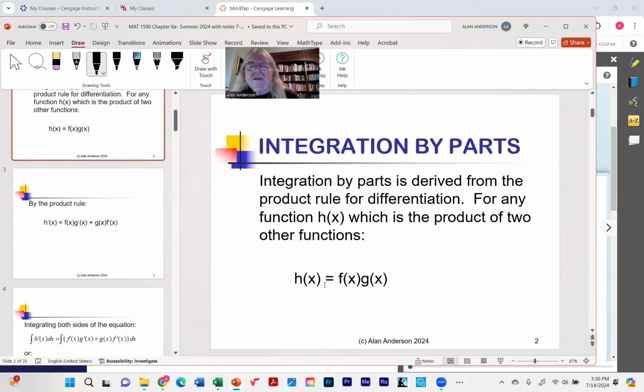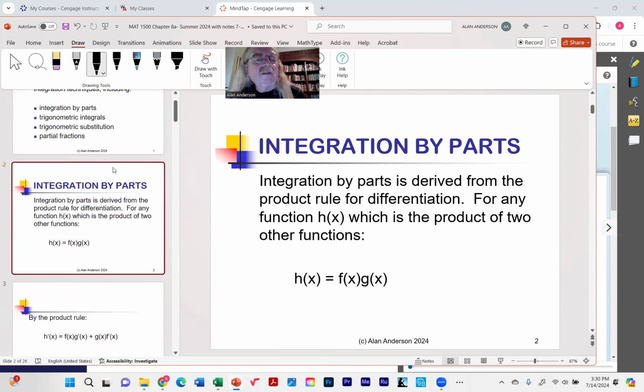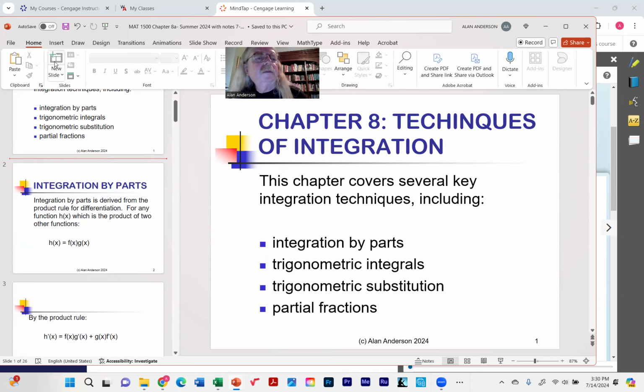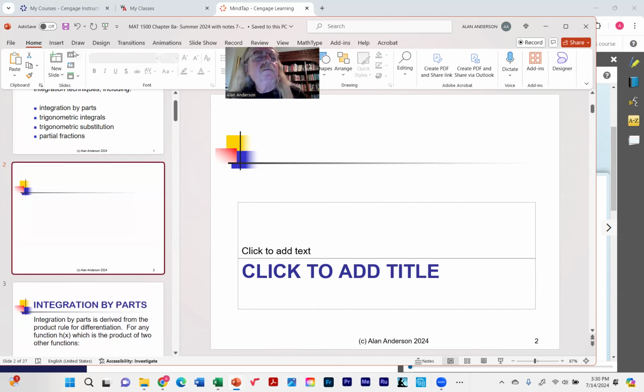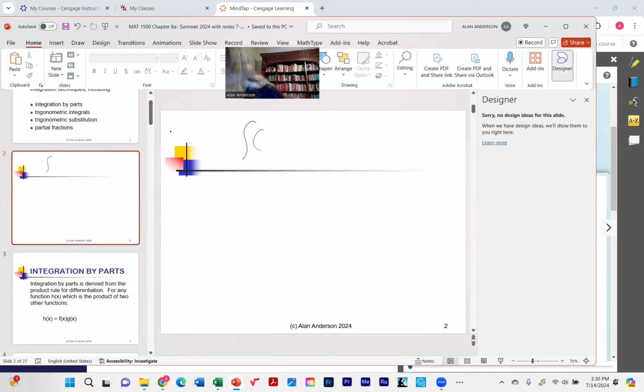Because, unlike cases that we've seen before, if you remember, if you had something like this, let's say it's something like this. Then in this case you could use u substitution, and you'd have u is 3x squared plus x.